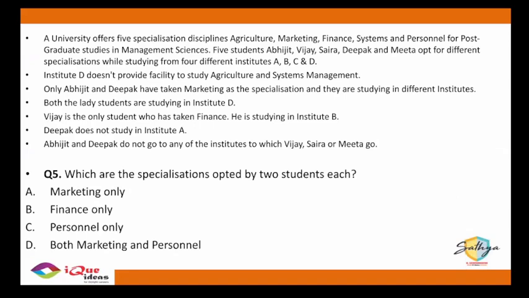And which are the specializations opted by 2 students each? Personnel. We identified both Meeta and Saira, and the clue says both Abhijit and Deepak have taken marketing. So technically speaking, both marketing and personnel are opted by 2 students each.